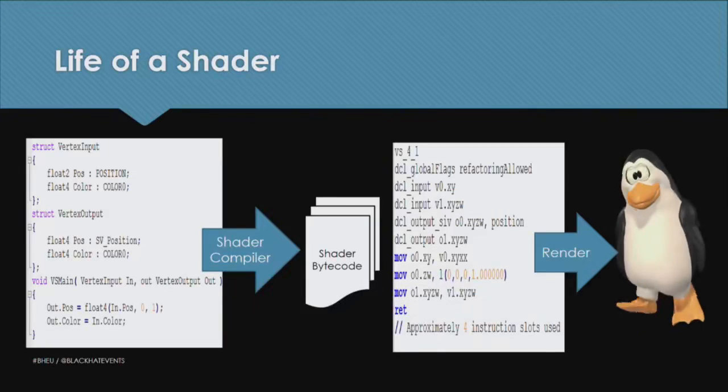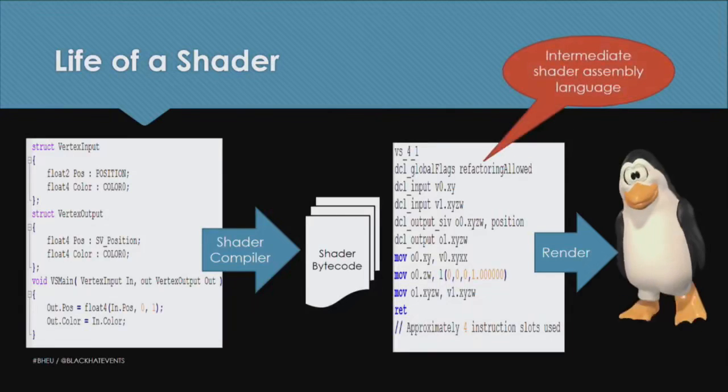If you disassemble the shader bytecode using any shader disassembler, what we find is intermediate assembly language. This intermediate assembly language gets passed to the GPU driver, which converts it to its proprietary instructions, and the GPU executes those instructions. Then we see some graphics effect on our screen.